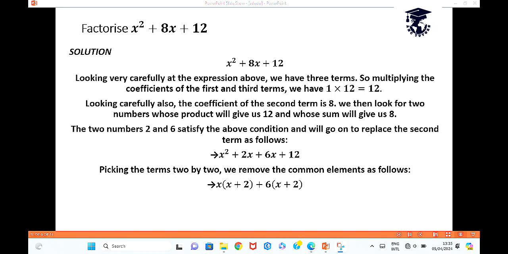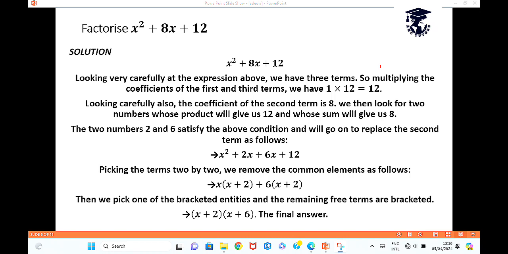And if you notice very well, the numbers inside the bracket are the same thing. So we take one of these bracketed entities, x plus 2.